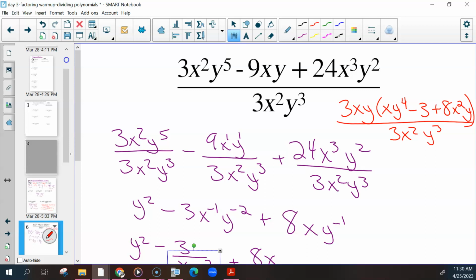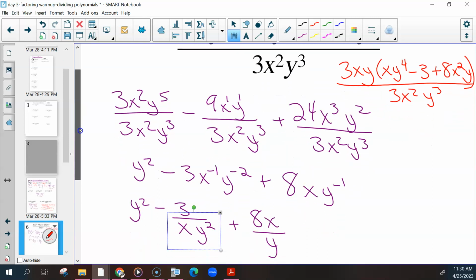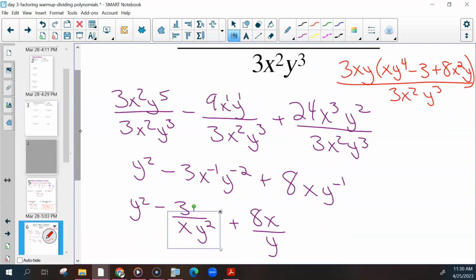So this is how you would know that this might not be the best method to do this, because these don't match exactly. You're still going to do it the same way, but then it becomes a little bit complicated. I'm going to rewrite this. 3xy over 3x squared y to the third.